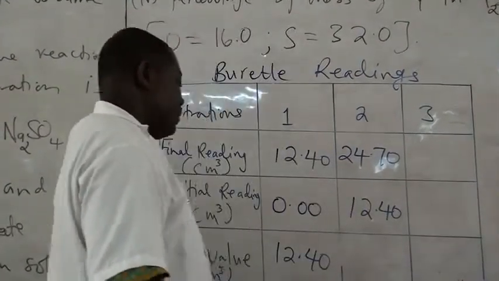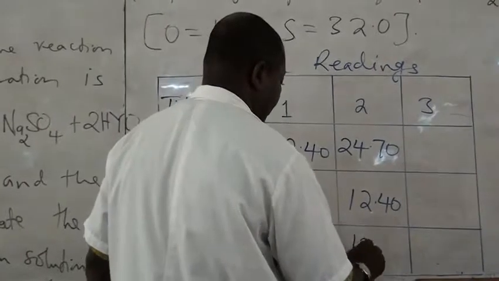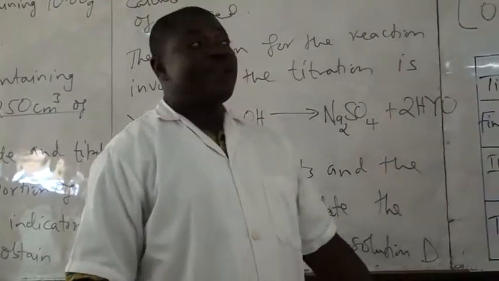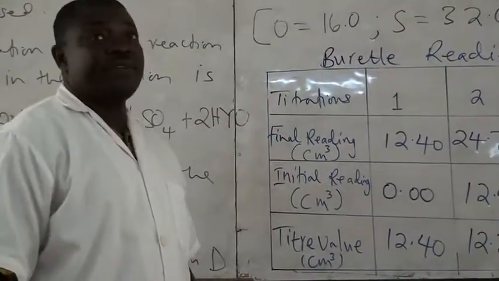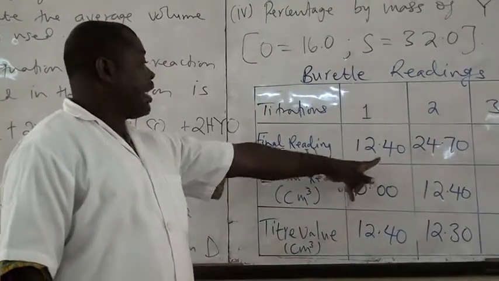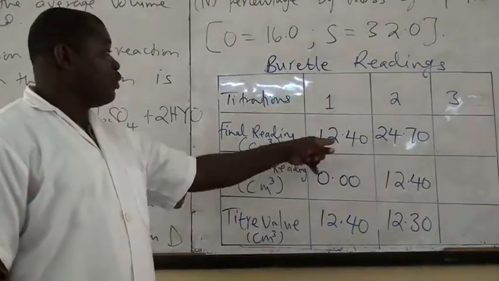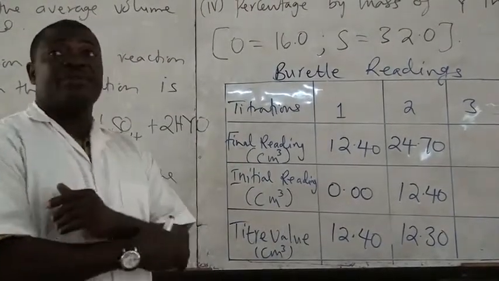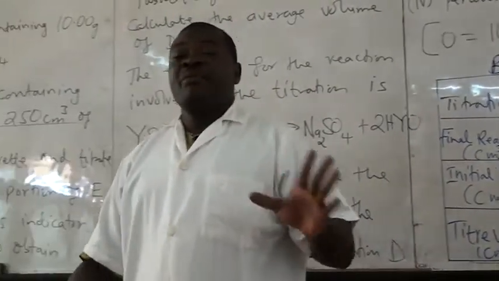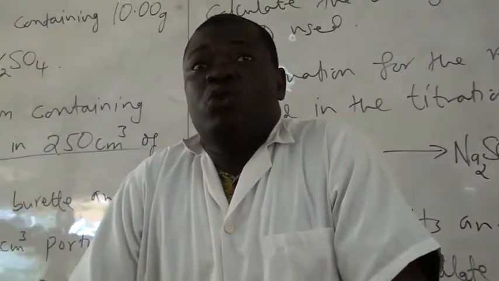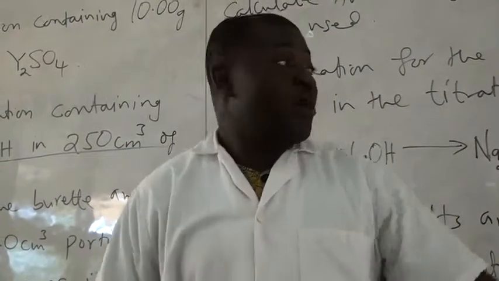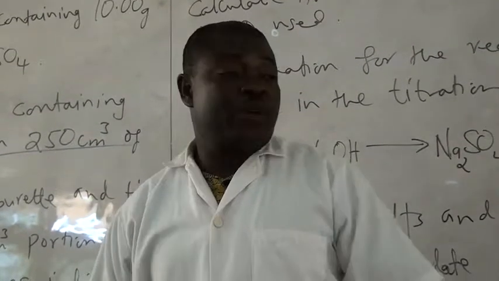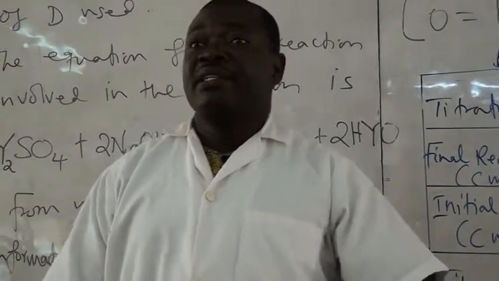Okay, so we have the first set of titrations with the values from that group. The final reading is 12.40 cm cube, and it started from an initial value of 0.00. As I've told you, the direct reading should be recorded in 2 decimal places. So all the values should be in 2 decimal places. You are waiting for your third value, then of course you can start with the calculations.